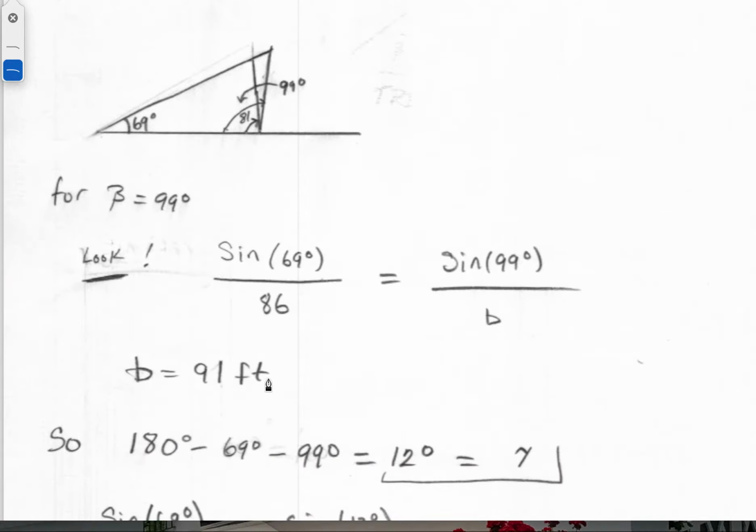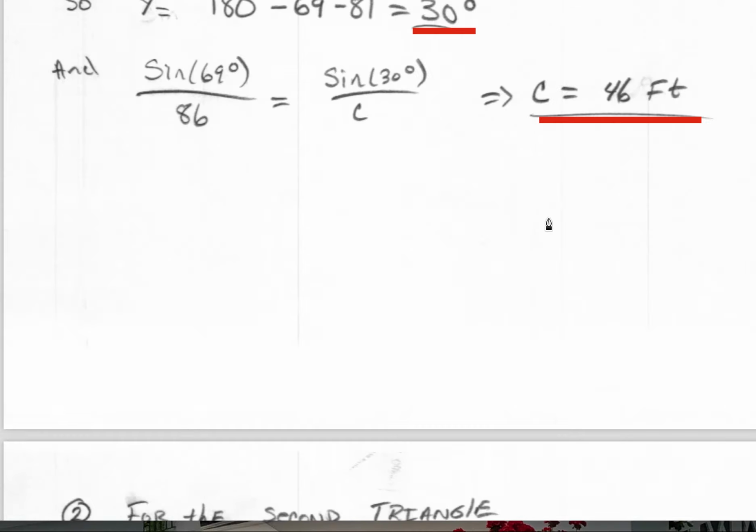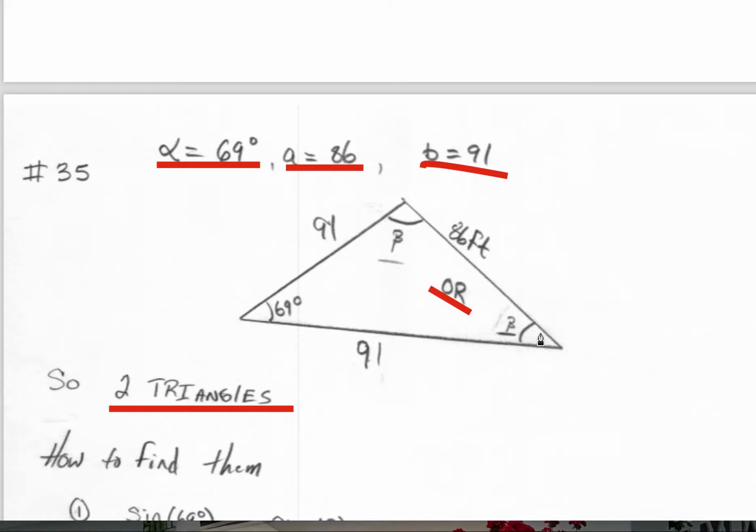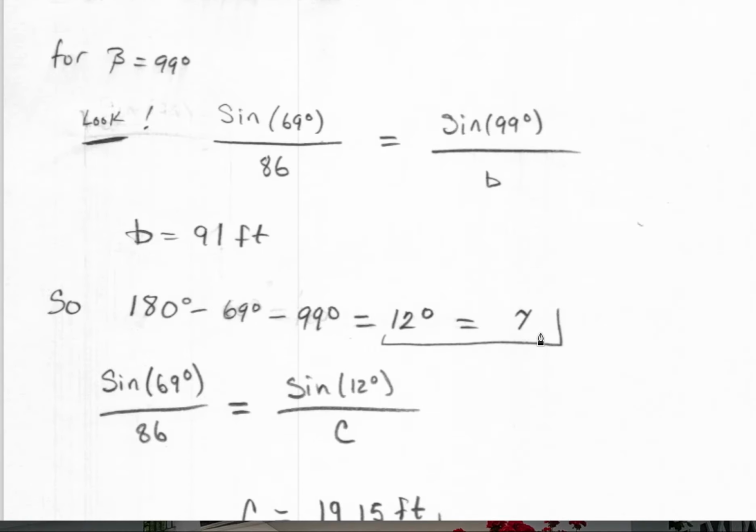Now look what happens. If I took the sine of 69 degrees divided by 86 and set that equal to the sine of 99 divided by b, when I solve for b I should get 91 feet, because that's what they told me b was at the start. And sure enough, when I solve it, I get 91 feet.